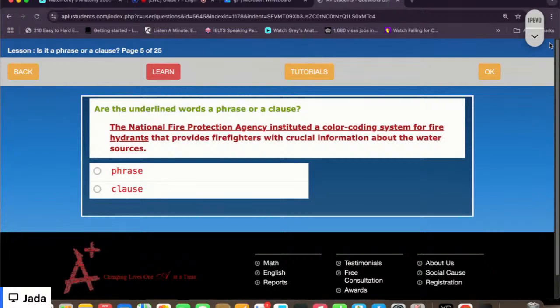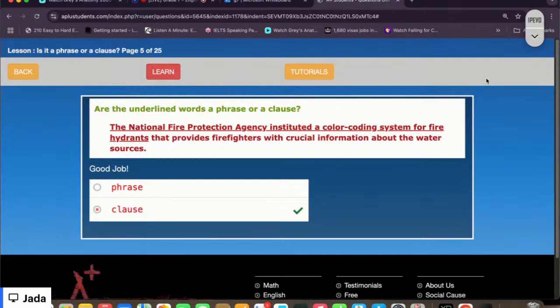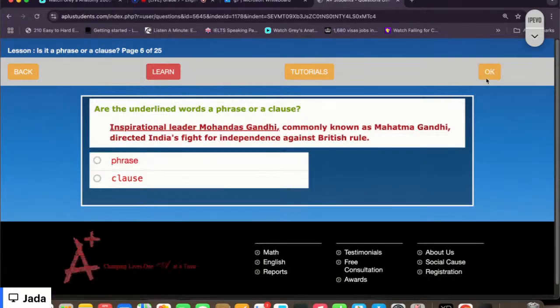So we have clause. So "Inspirational leader Mohandas Gandhi, commonly known as Mahatma Gandhi, directed Indians' fights for independence against British rule."